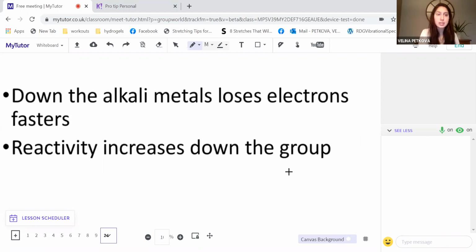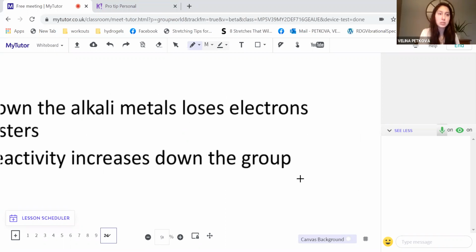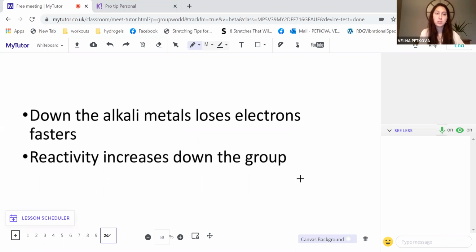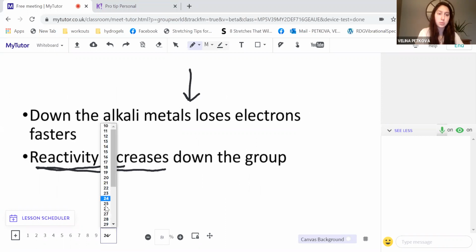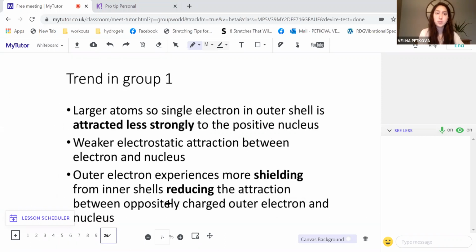So down the group, the alkali metals lose electrons faster. Okay, so down the group we lose electrons faster, and that's why the reactivity increases down the group, because it's much easier to lose the electrons down the group. So the trend in group 1, the explanation is they have larger atoms down the group.